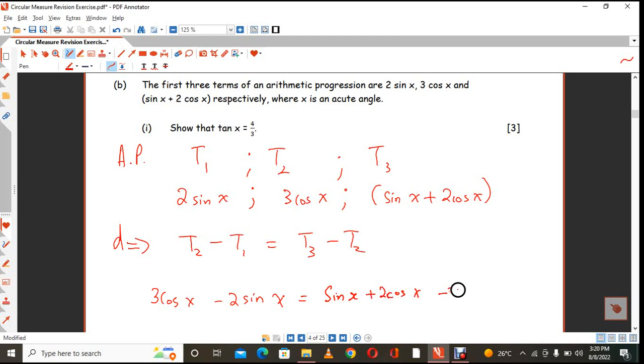Take note, I'm not putting in brackets. That's the third term, minus the second term, which we now put in brackets, or you can just leave it like that, minus 3 cos x.